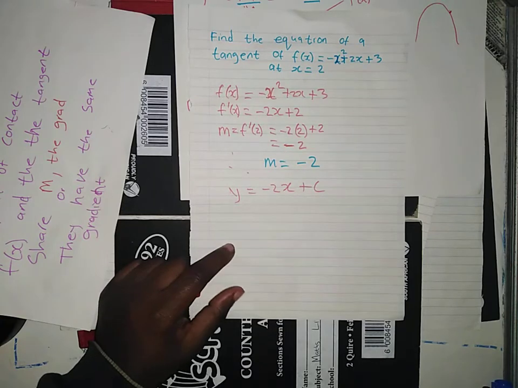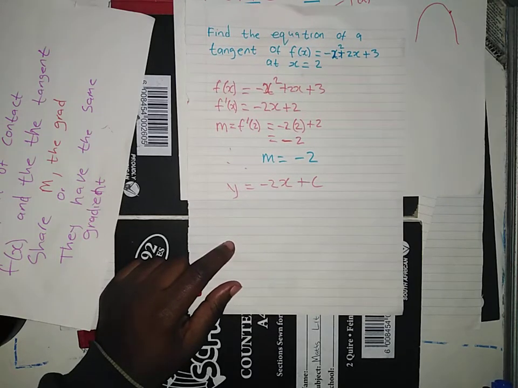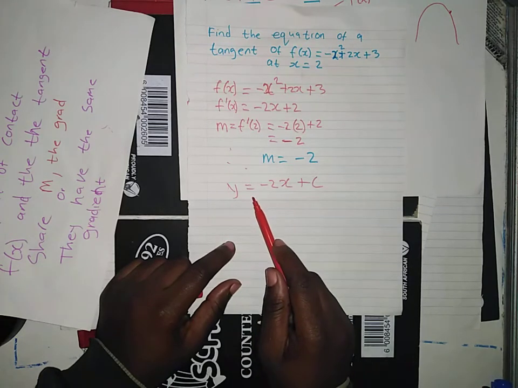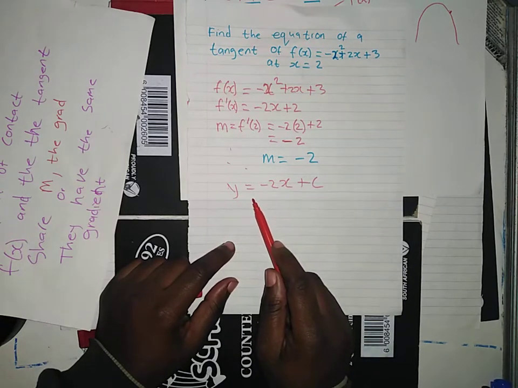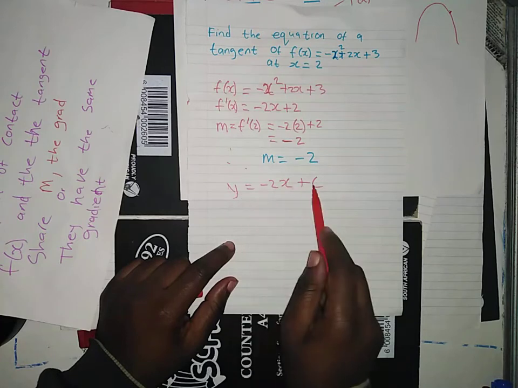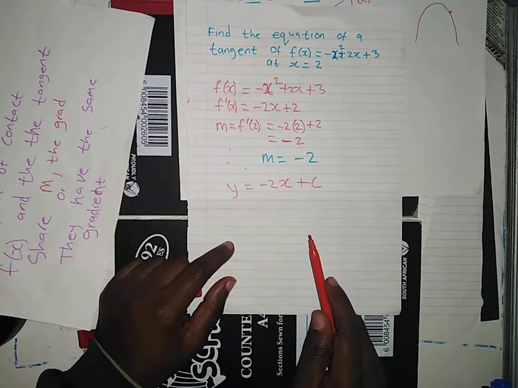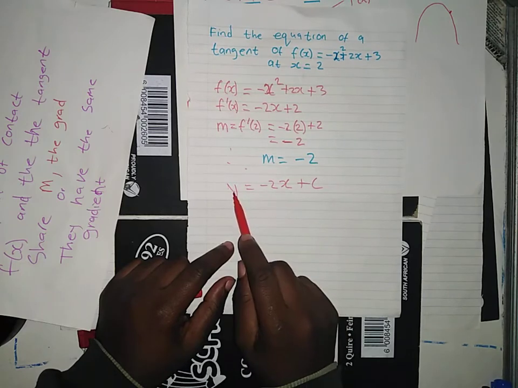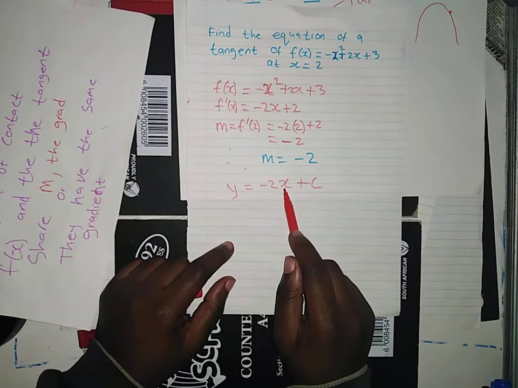So what you need to do is find any point that lies on this graph, and then substitute the y value of that point here and the x value of that point here.